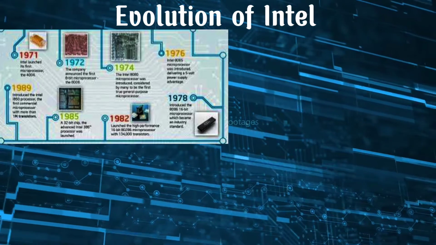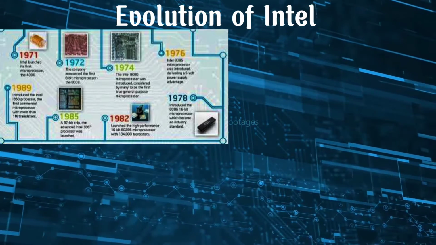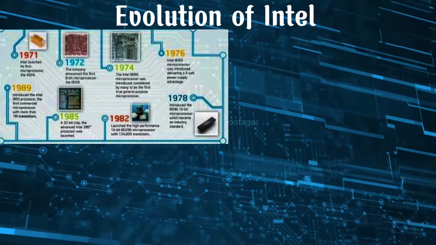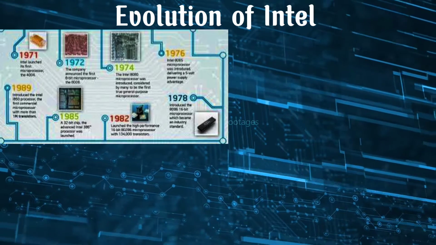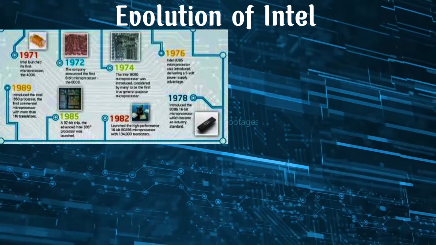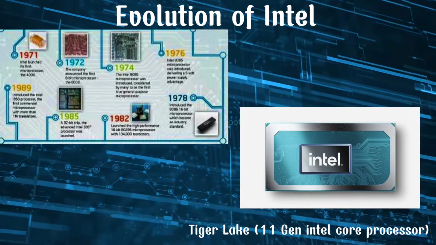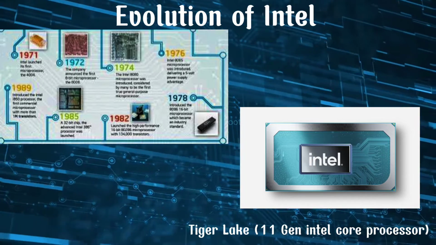Then in 1972, the Intel 8008. Next, in 1974, Intel 8080 was released. In 1976, it is Zilog Z80, and in 1978, Intel 8086, and then the 11th gen Intel Core processor named Tiger Lake.